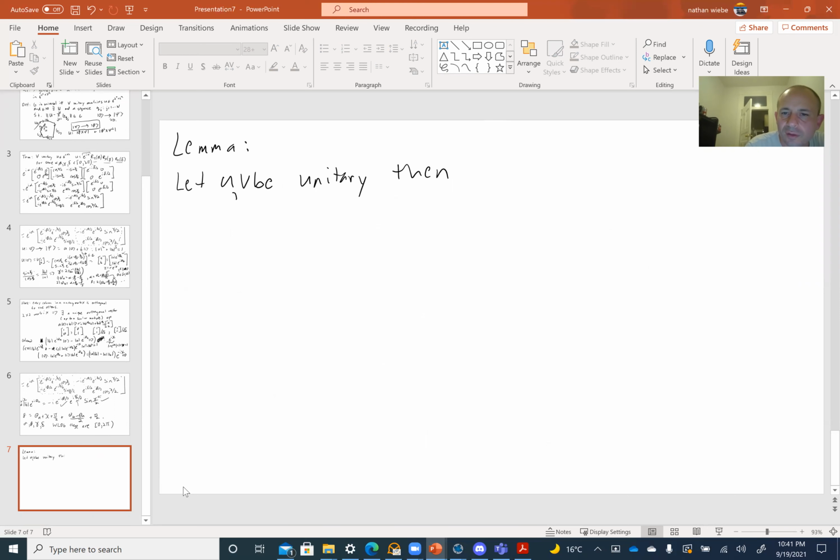Then UV is unitary. Okay, proof. And the proof for this is straightforward, right? For what it means for a matrix to be unitary is that its adjoint is its inverse. So let's take a look at UV dagger times UV.